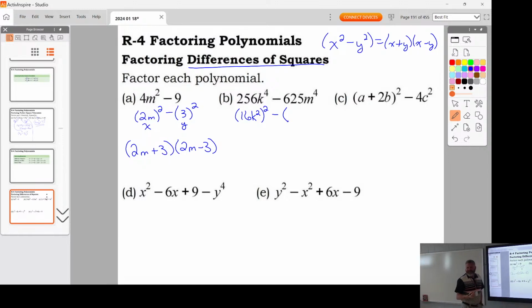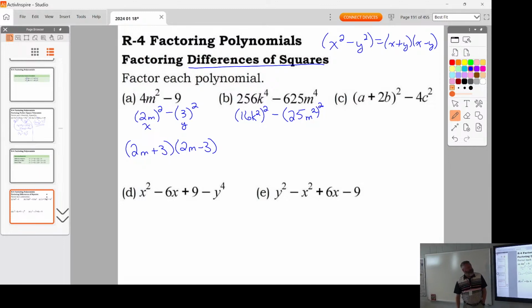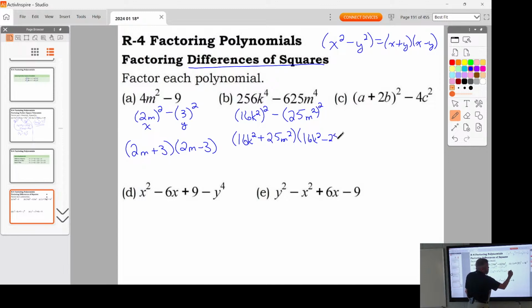What do you square to get 625? And what do you square to get m to the fourth? So therefore, this is a difference of squares, and it factors into the first guy, which is 16k squared, plus the second guy, which is 25m squared, times the first term minus the second term.